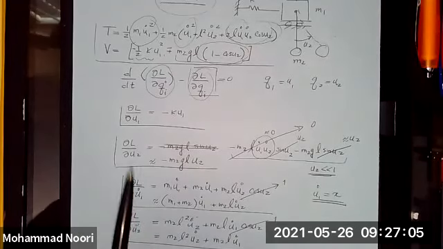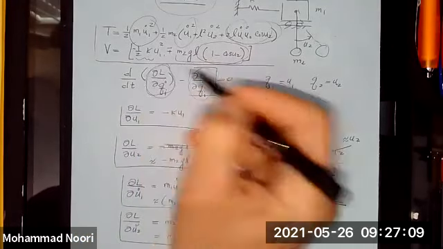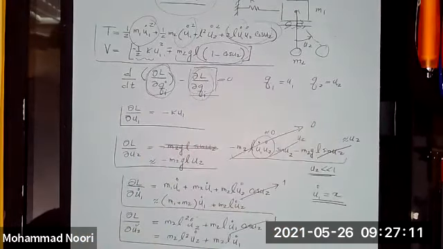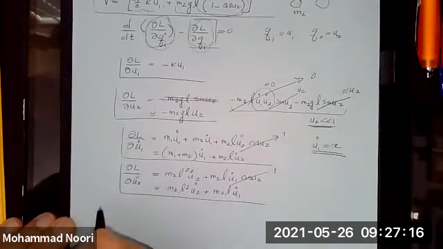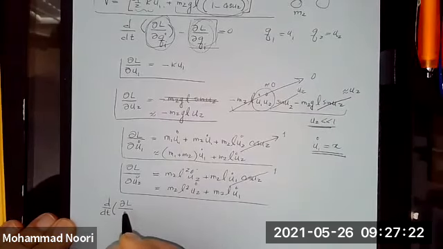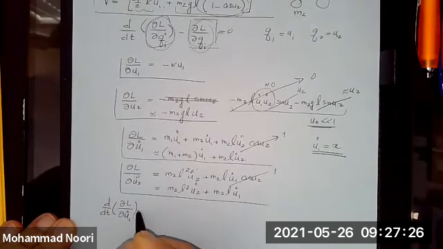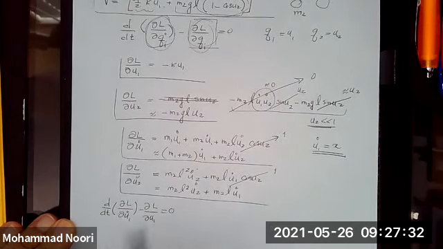Now you have these terms, all you need to do is take the time derivative of the partial derivative with respect to U1 dot, minus the partial derivative with respect to U1. That gives you the first equation of motion.